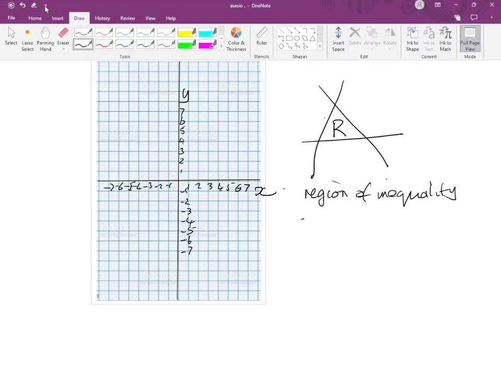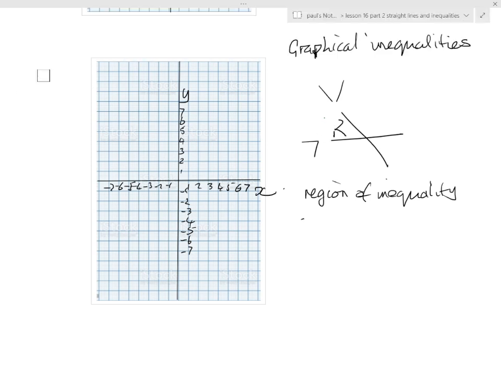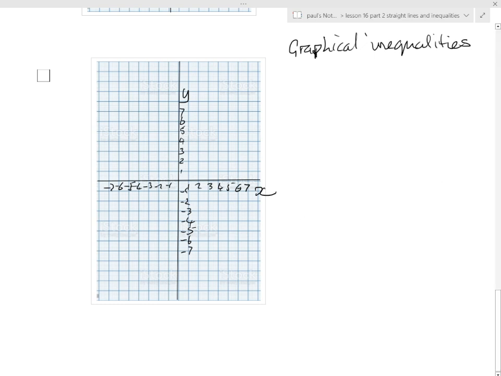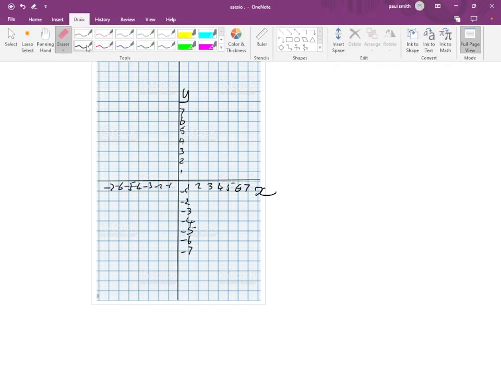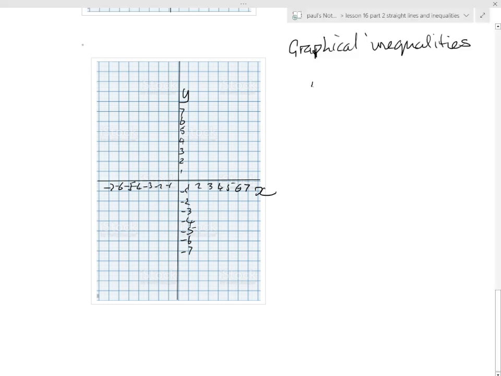So let's do some straight lines. Now they will give you a mixture of straight lines. Some where you have to faff around with the equations before you can begin. Others are quite easy. Let's have x is greater than 1. Now, when you do a straight line graph with a greater or less symbol in, just think of it as an equals, it won't matter, but it has to be represented by a dashed line.